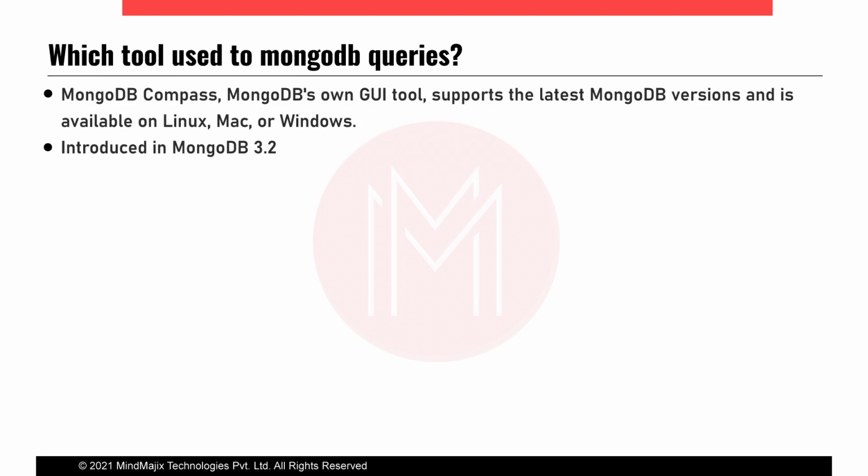How is this handled in other technologies like MySQL? In backend technology, MySQL is used with the MySQL command prompt, right, or some other GUI tool. But MongoDB has one major tool, MongoDB Compass.